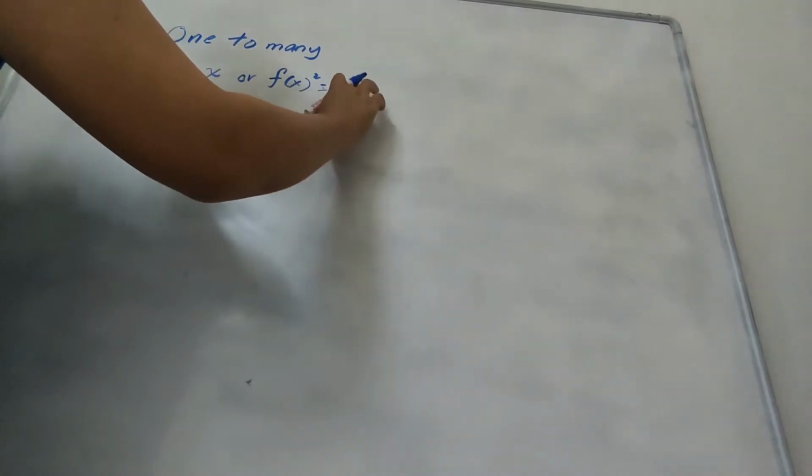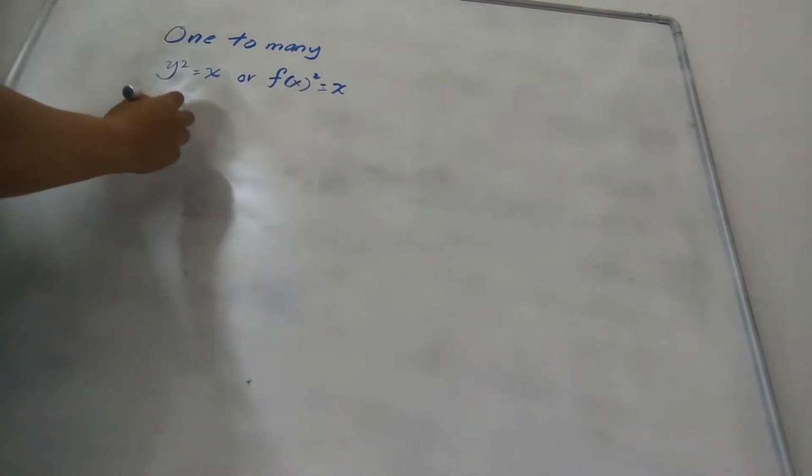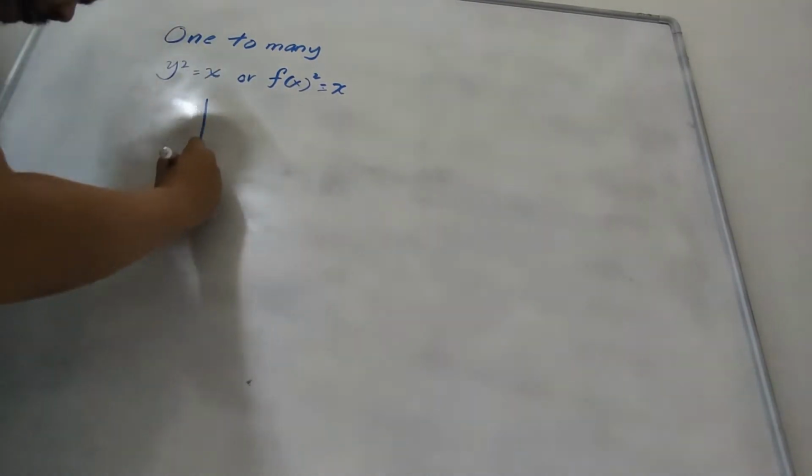One obvious example of this one-to-many relation is the function y squared equals x, or you can write f(x) squared equals x, although we seldom write it this way. So the diagram of this relation is like this.